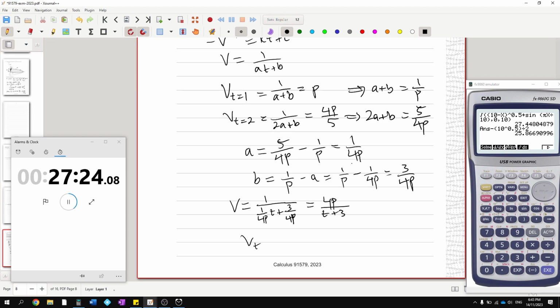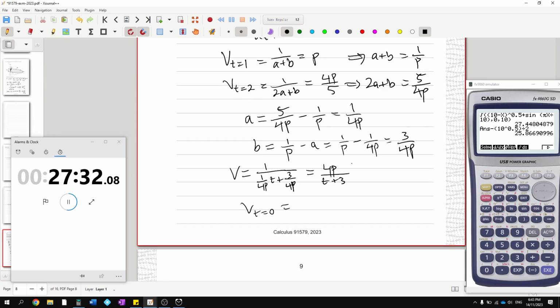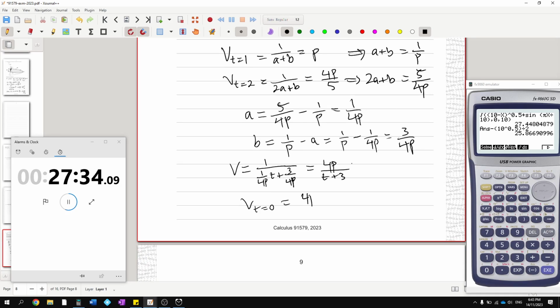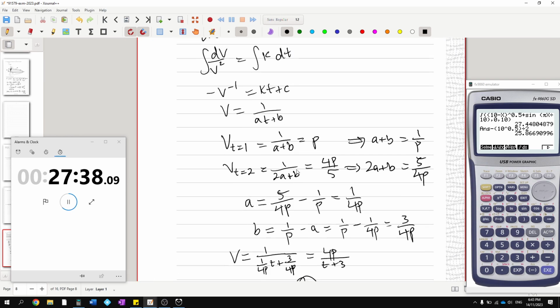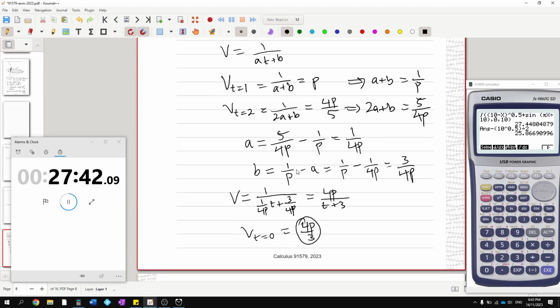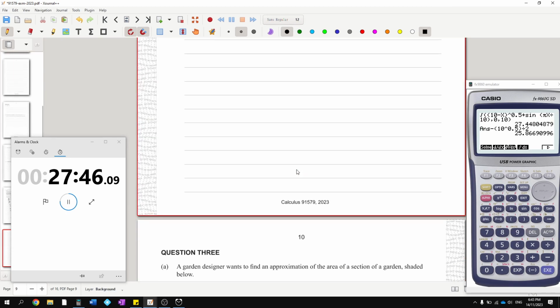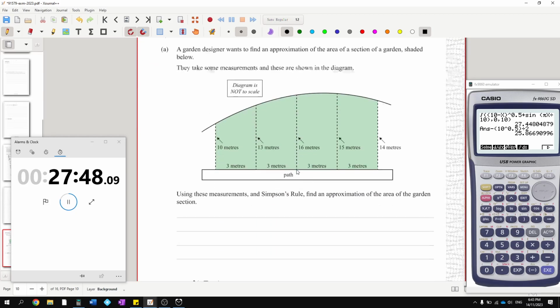Yeah, okay, so V when t is 0. Is that what it's asking? Is that just 4p over 3? Honestly, I don't even know. Oh, okay, I just hope it's 4p over 3. Very embarrassing if that is wrong.